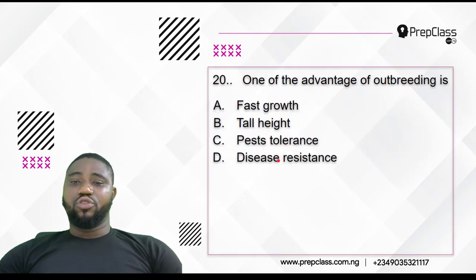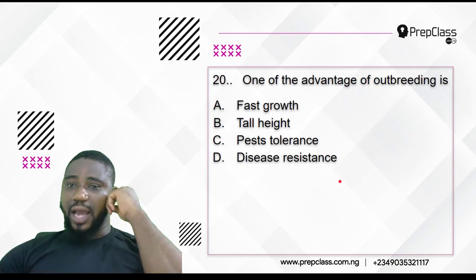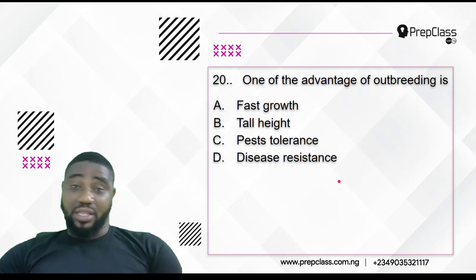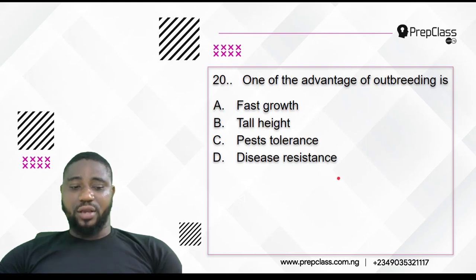C. 20. One of the advantages of outbreeding is fast growth, tall height, pest tolerance, disease resistance. Outbreeding means using an animal to breed with another one outside. Inbreeding is, if you're a dog breeder for example, when you mate brother and sister of a dog, or father and mother.